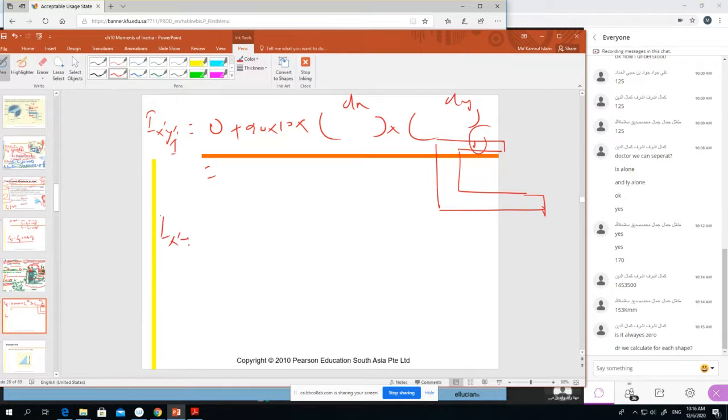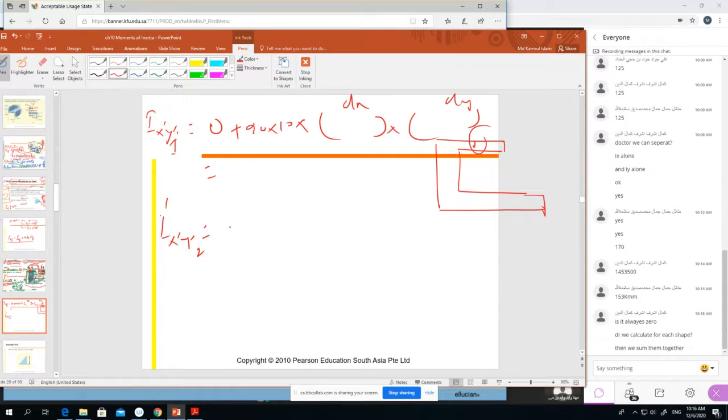Similarly, we have to do that Ix and I prime for section 2. Then sum, and this plus 0, and then you will get the area. This area we know is 300 into 10, 310, and calculate dx prime and dy prime. This is section 2.